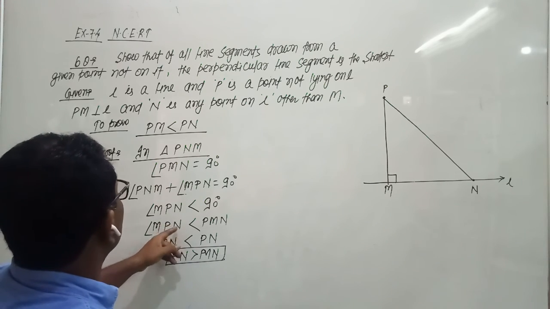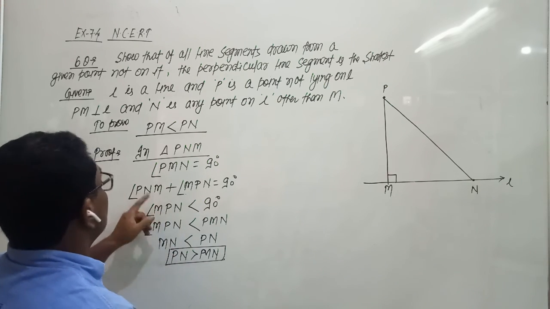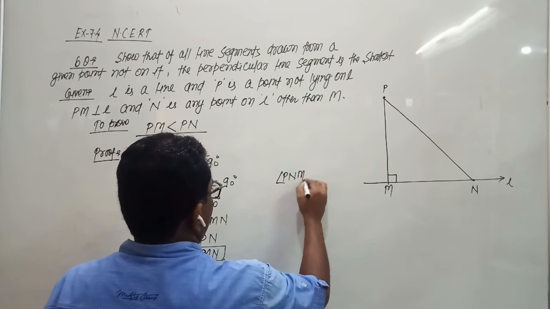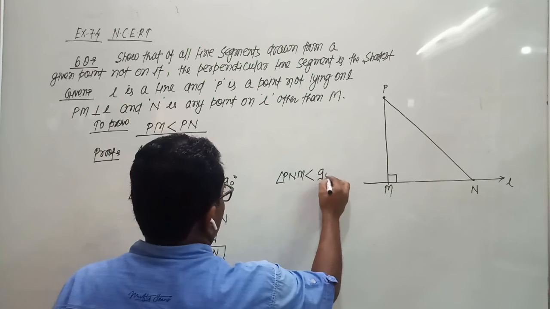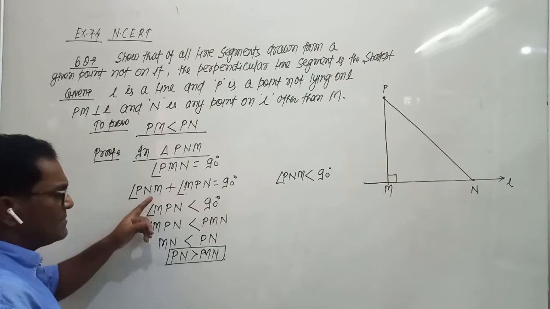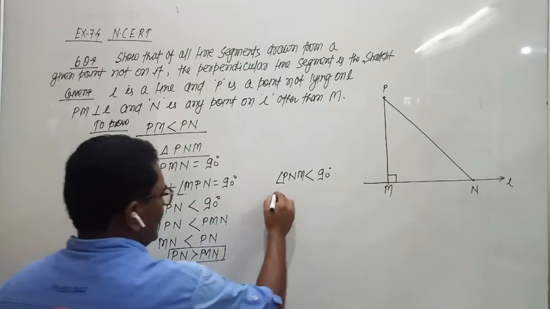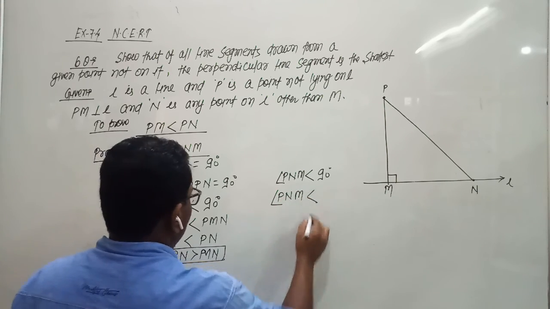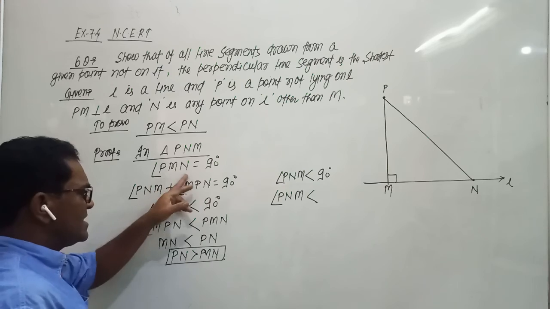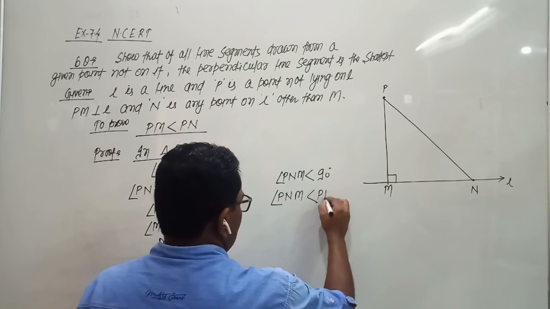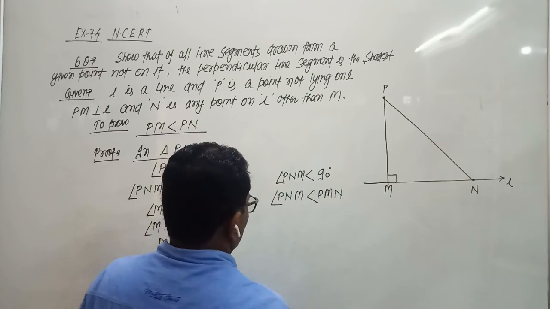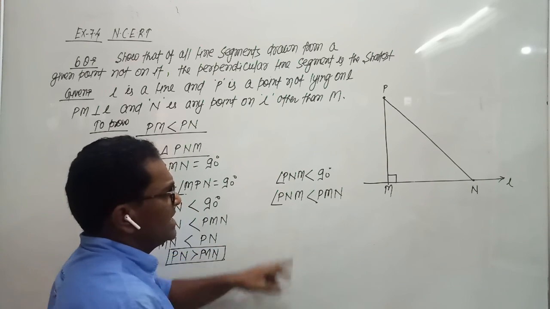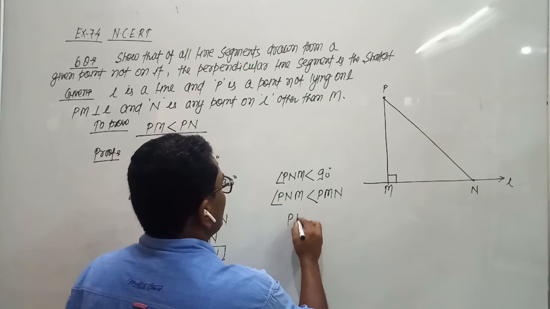Now similarly, angle PNM is also less than 90 degrees. So angle PNM is less than, in place of 90, again angle PMN. The side opposite to angle PNM is PM, and the side opposite to angle PMN is PN.